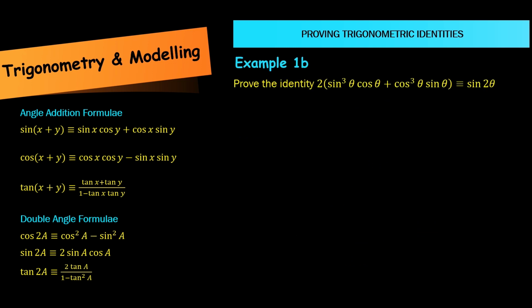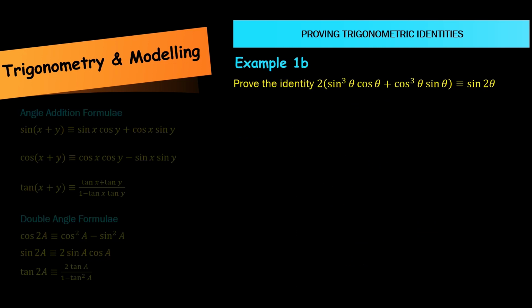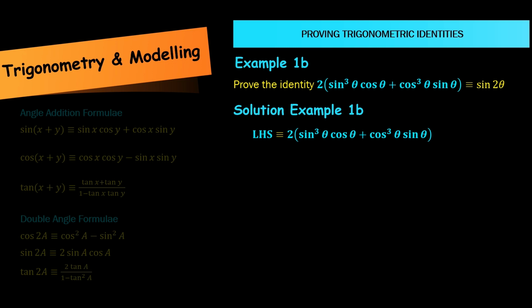Now let's take a look at part B. We are required to prove the identity shown on your screen. So let's solve this. Here's the left-hand side. Keeping an eye on the right-hand side, i.e. what we're required to prove, we're going to simplify this expression.